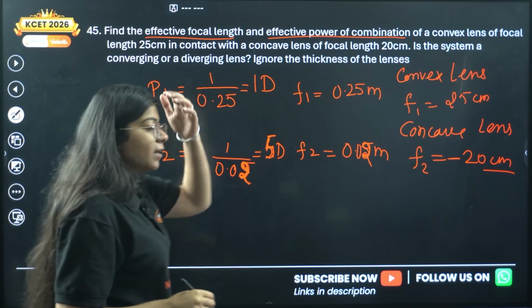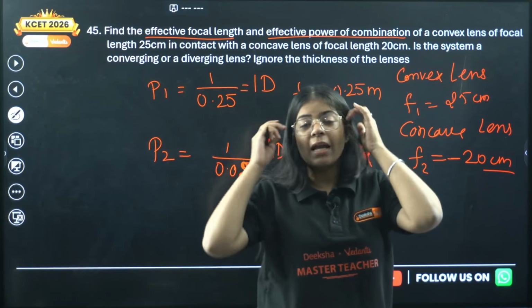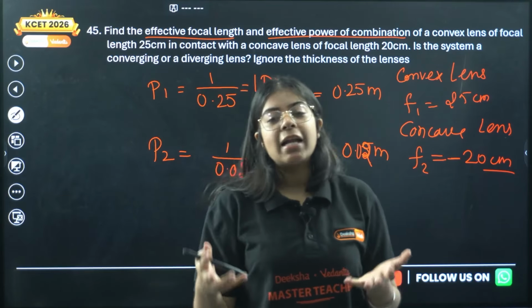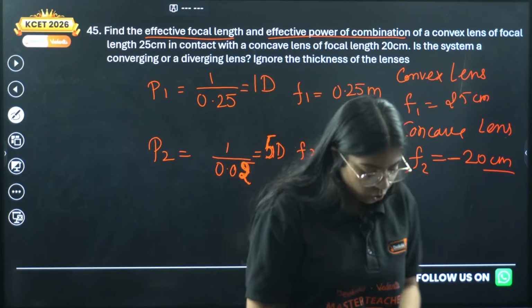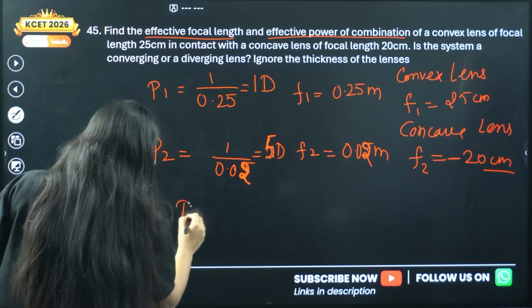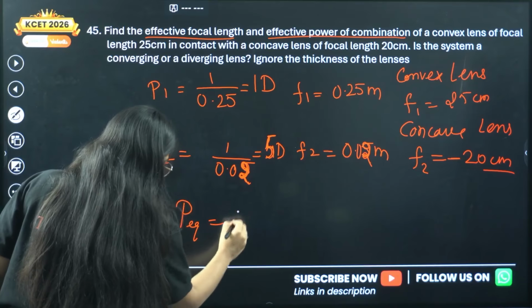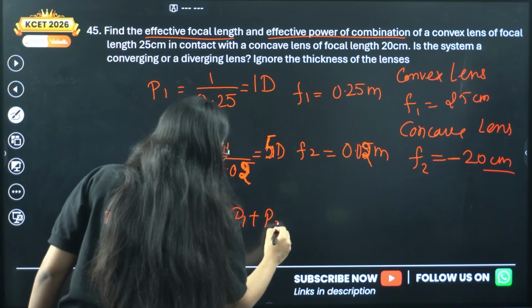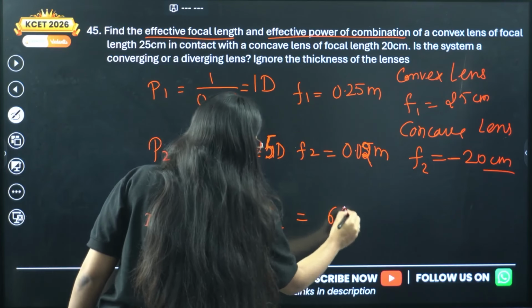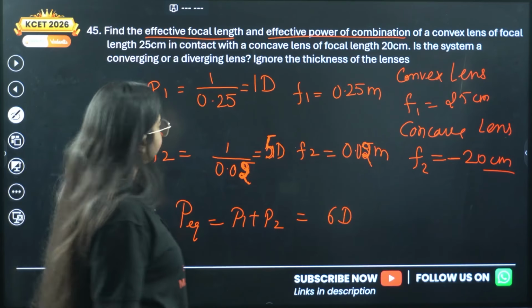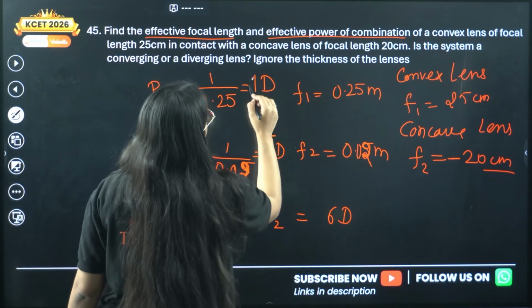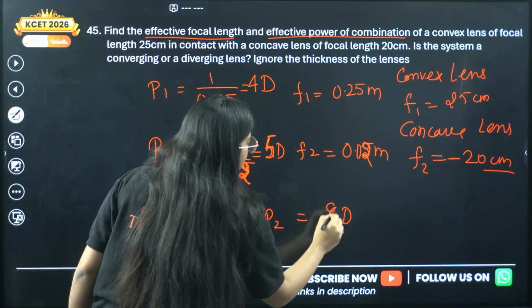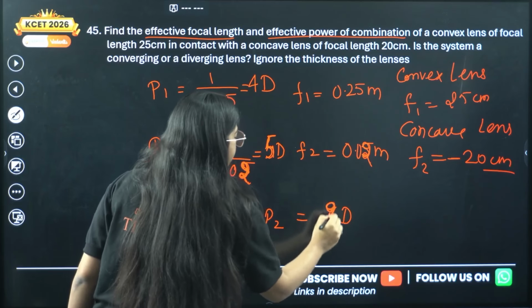Now the power, we know how we calculate the equivalent power. We calculate the equivalent power by adding those. P equivalent will be P1 plus P2, which will be 6 diopter, correct? This will be 4 diopter. Okay, sorry. This will be now 9 diopter, correct?